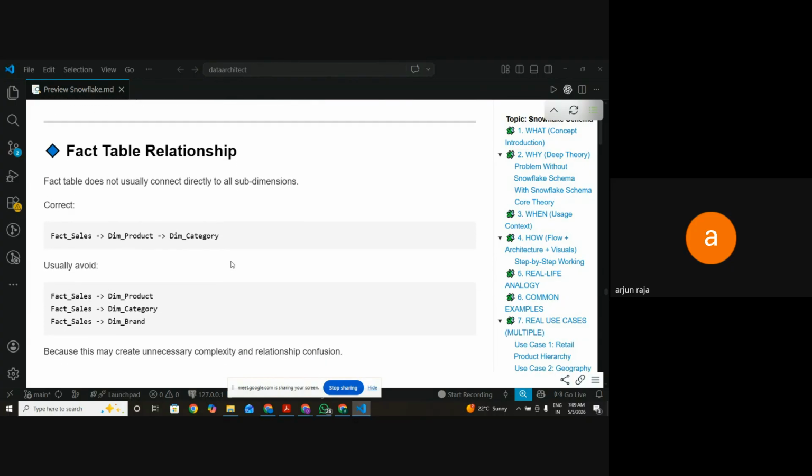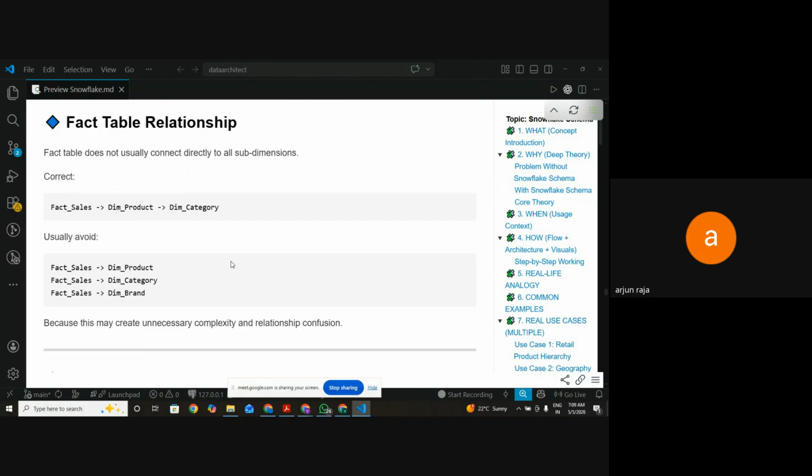Fact table relationship. The fact table does not usually connect directly to all subdimensions. For example, fact sales, dimension product, dimension category.